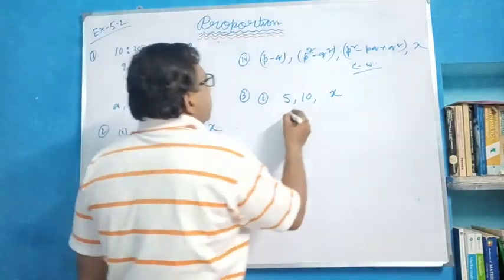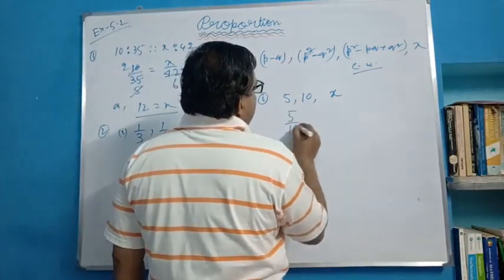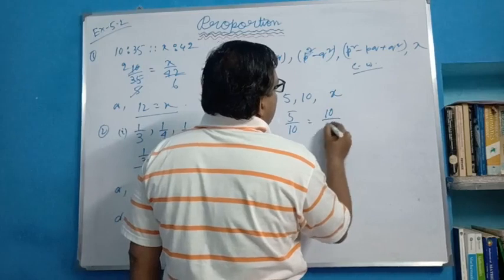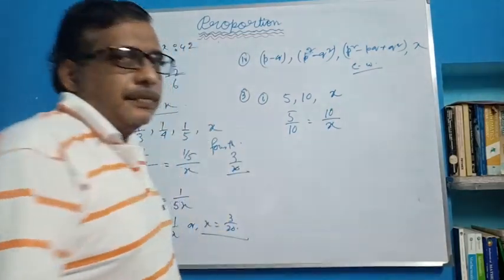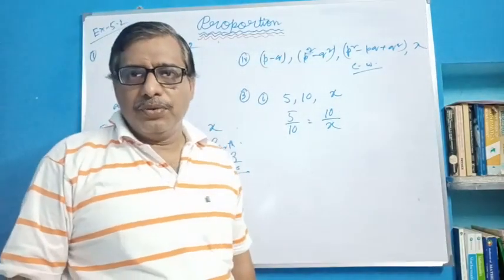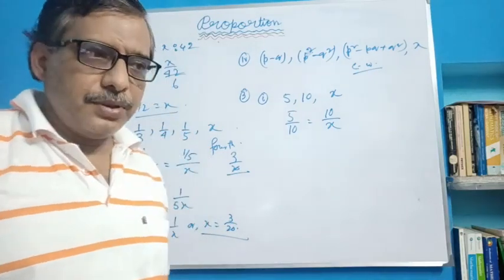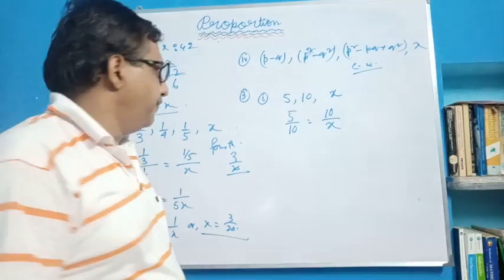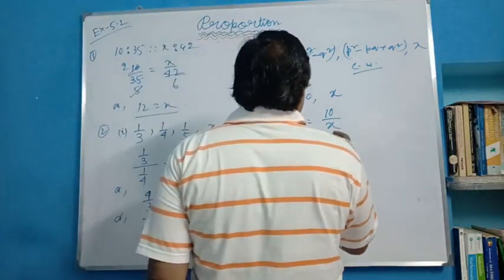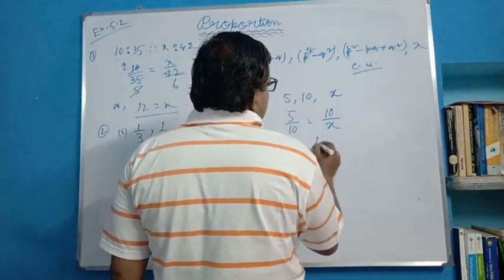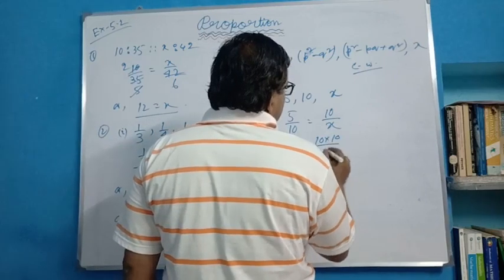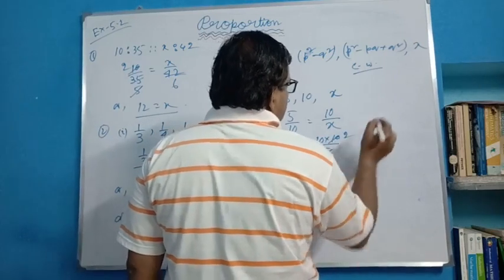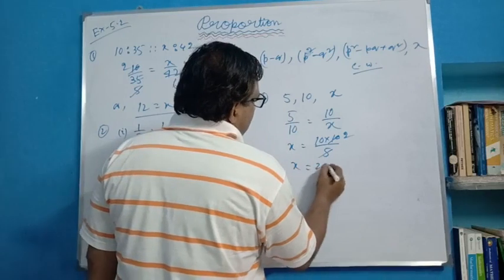So we write 5 by 10 is equal to 10 by x. a, b, c. We have to find out c. So x is equal to 10 into 10 divided by 5. 5 twos are 10. So x is equal to 20.